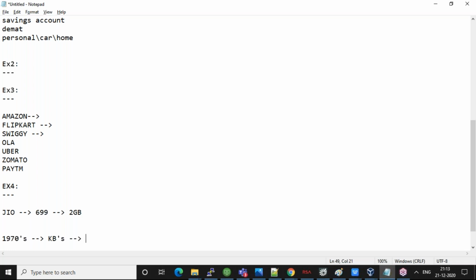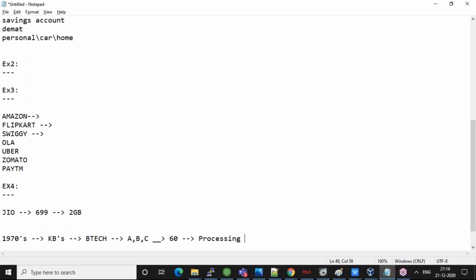Suppose, for example, you all come from a BTech background, currently studying BTech 4th year. For 4th year ECE in your college, 3 sections are available: A, B, C. Each section contains 60 students. So in total how many students are there? 180 students.